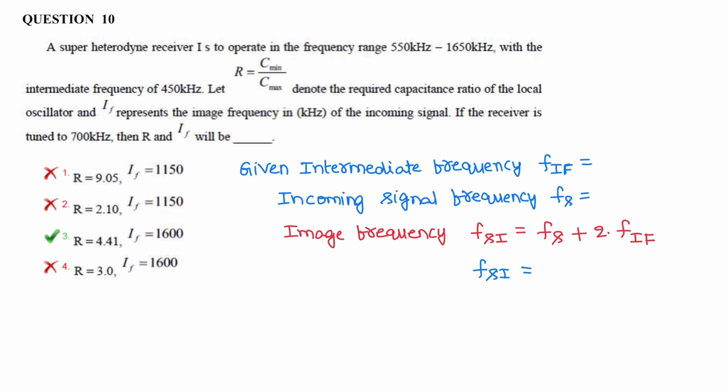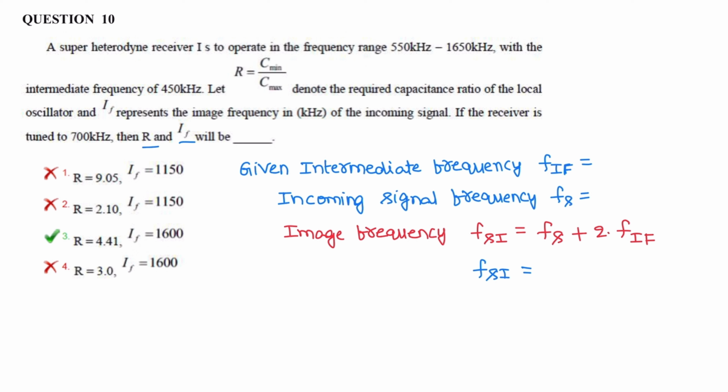Next question. A superheterodyne receiver is to operate in the frequency range of 550 kHz to 1650 kHz with an intermediate frequency of 450 kHz. Let R equal C minimum to C maximum denote the required capacitance ratio of the local oscillator, and IF represent the image frequency in kilohertz of the incoming signal. If the receiver is tuned to 700 kHz, we need to calculate the value of R and the image frequency.